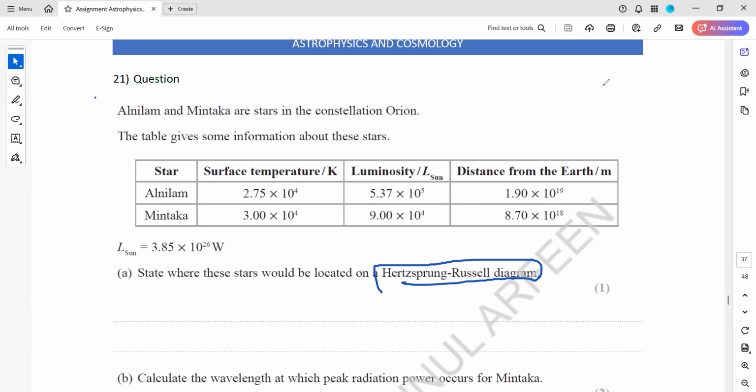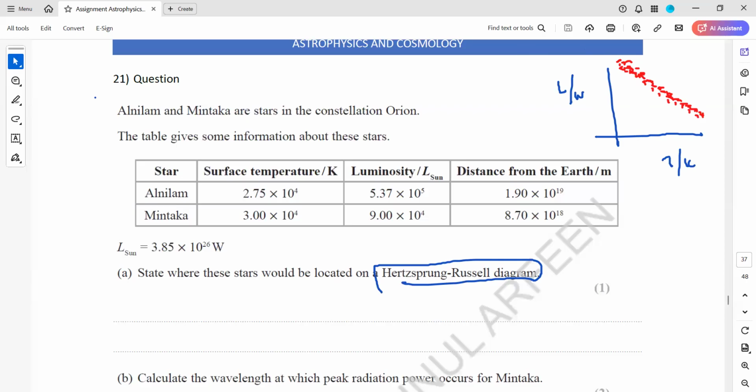Look, in a Hertzsprung-Russell diagram, generally we have luminosity and we have temperature. So as the temperature of the star decreases, the luminosity will also decrease.